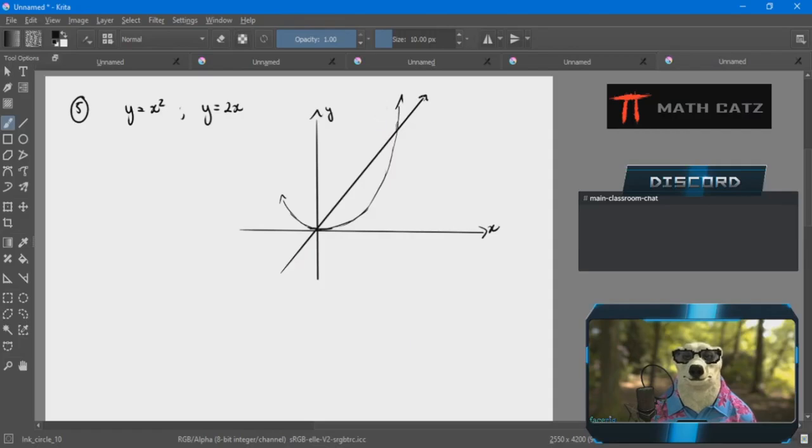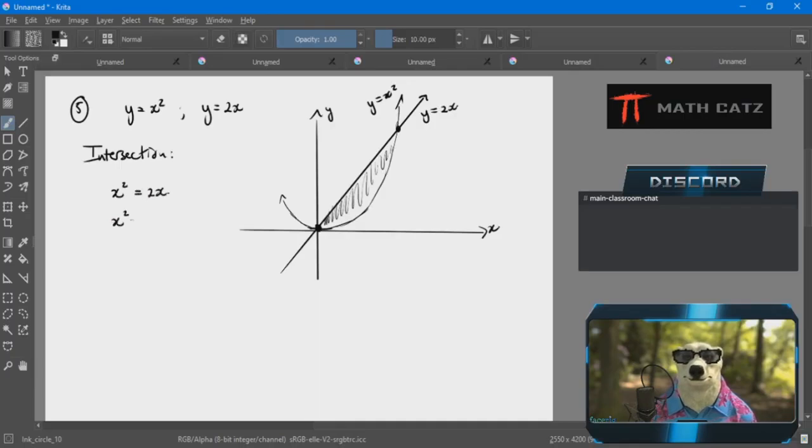So I have y equals x squared, y equals 2x, and you see that there's an area enclosed because these graphs intersect each other twice. So when there's no interval given, the interval is the two intersection points.